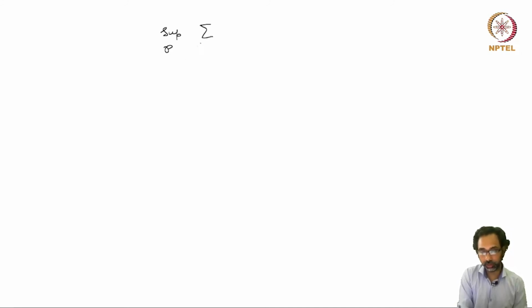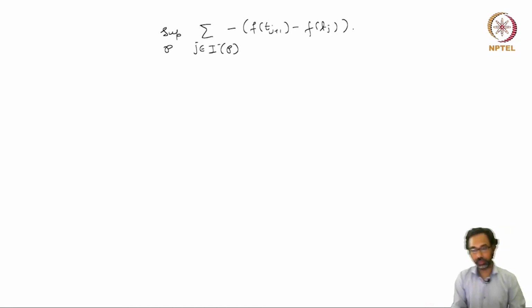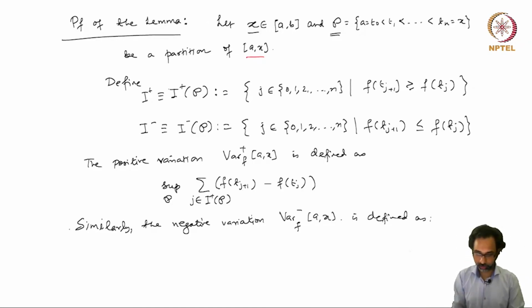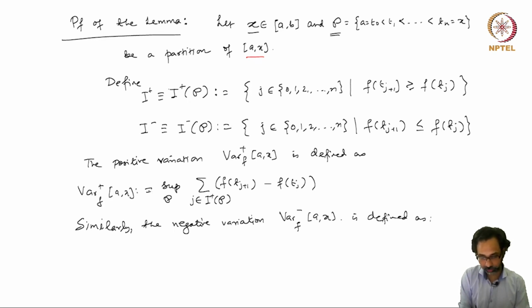So you get the supremum of the sum over j in I minus of P of minus the quantity f(tj+1) minus f(tj). So here there is a minus sign for each of the terms in the sum. So this is Var minus f [a,x], and this one was Var plus f [a,x].